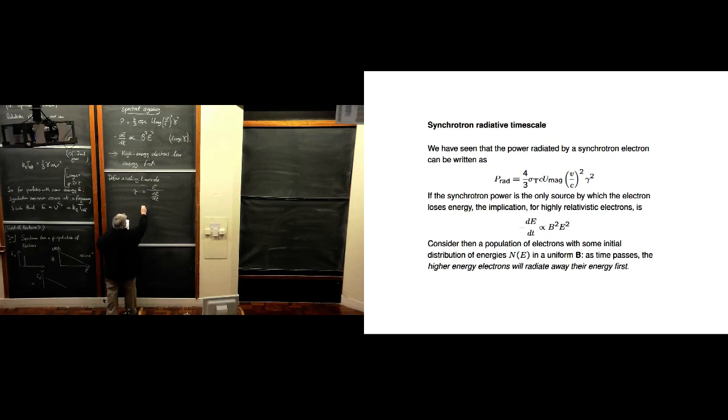And then substituting in what we had before, that goes as E over 4 over 3 sigma T, speed of light, magnetic energy density U mag, v over c squared, and gamma squared.